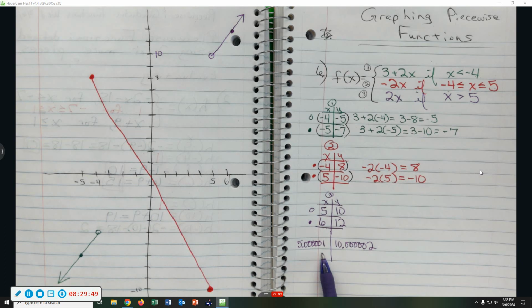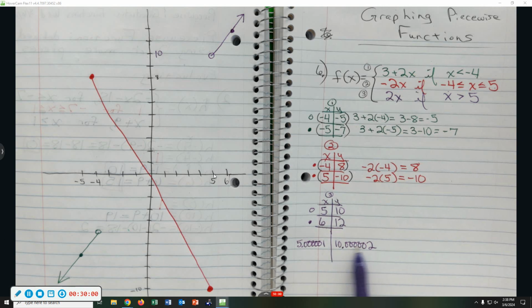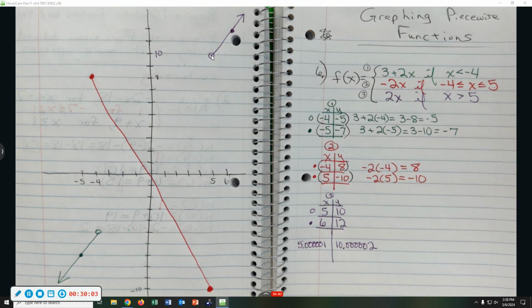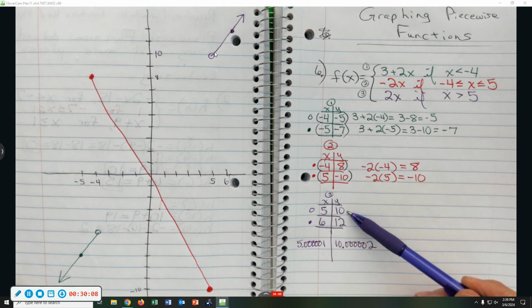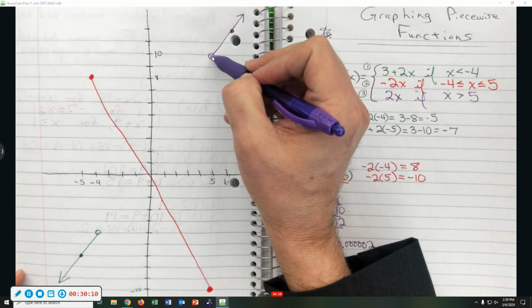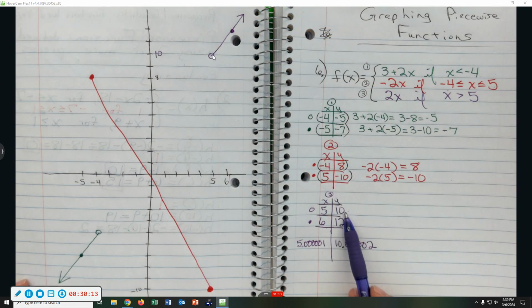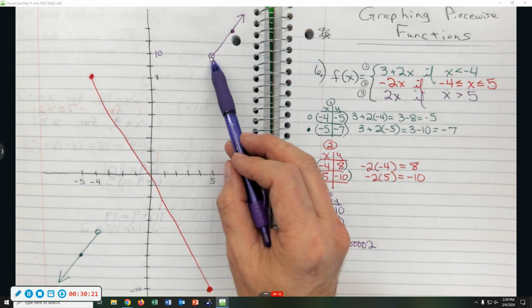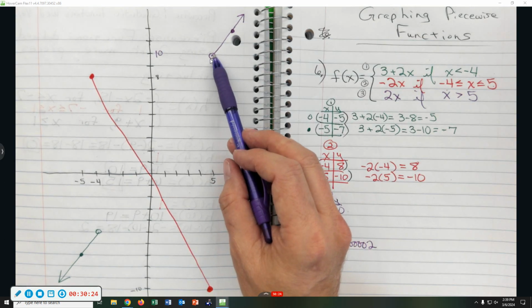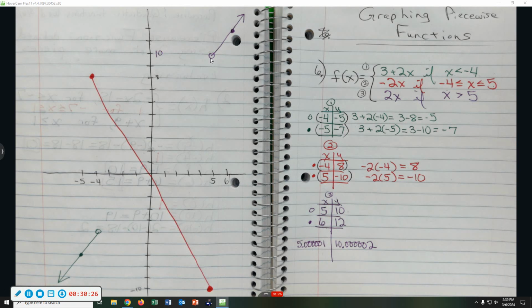If I told you, label the point 5.000001, comma, 10.000002 on the purple graph, to the naked eye, what would it look like? It would look like you were labeling 5, 10. There are points right there that look like 5, 10. These points are on the graph, but 5, 10 itself isn't. We have the open circle there saying 5, 10 may not be on the graph, but there are plenty of points right there that to the naked eye look like 5, 10.